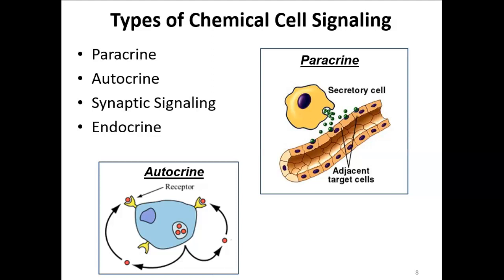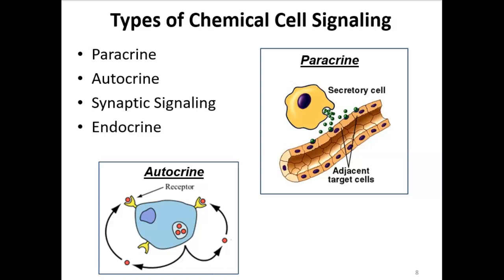2 of the 4 types are shown on this slide. In the first type, paracrine, the 2 cells are close to one another. In the upper right there, the signaling cell, labeled the secretory cell, is releasing a green ligand.